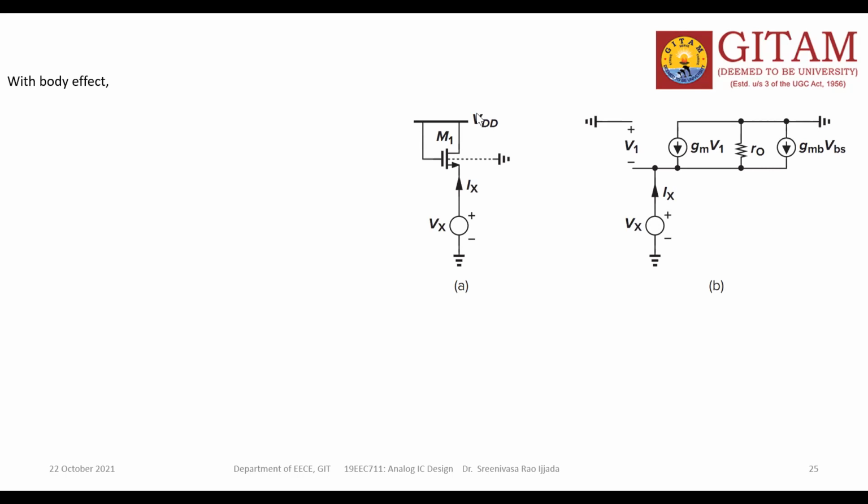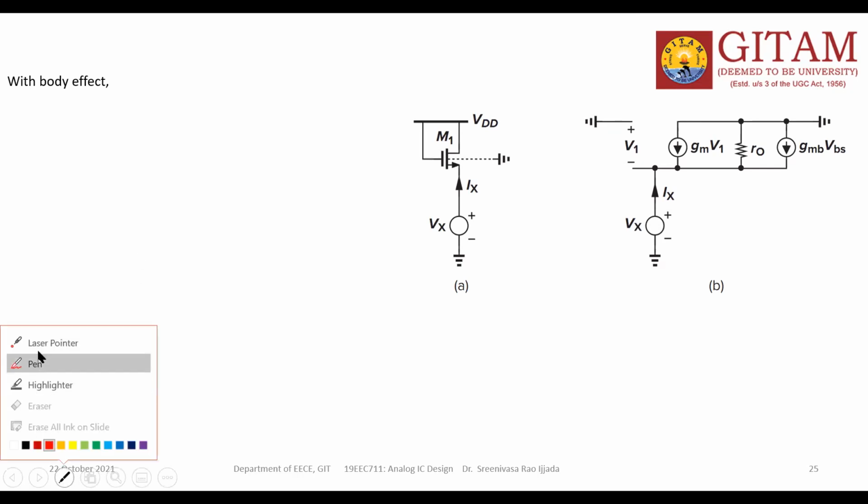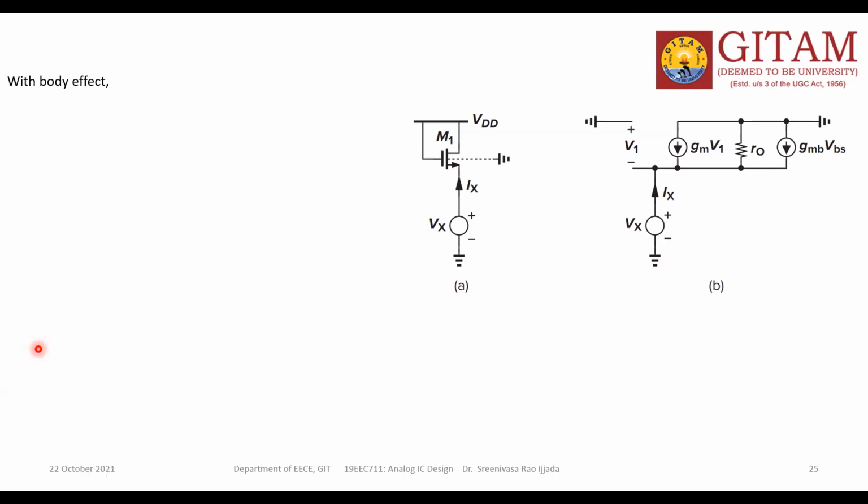So this is the body effect. Whenever the gate and drain are joined like this, the equivalent circuit is here, with the body effect.